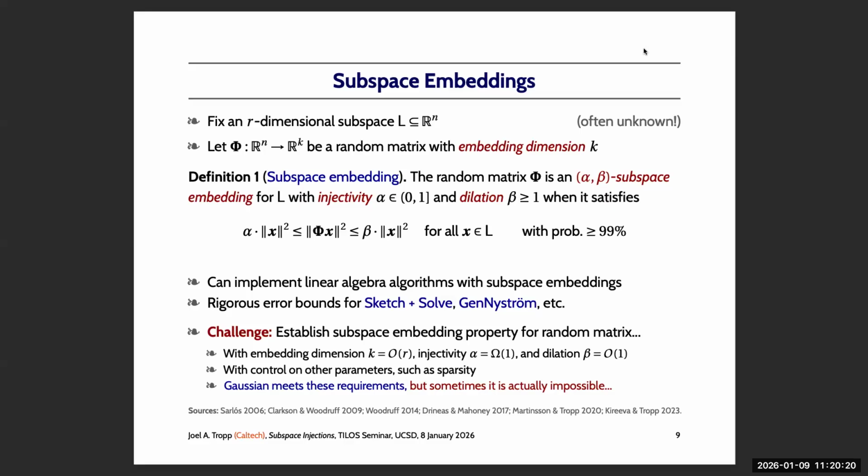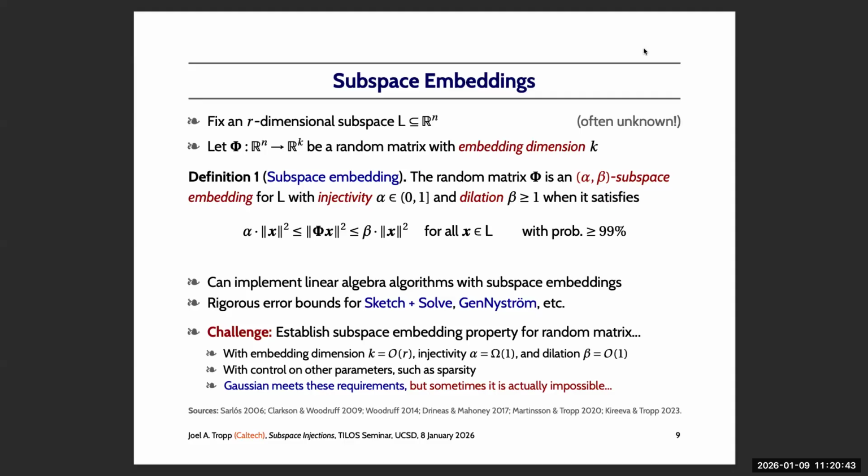Now, a Gaussian is a subspace embedding. This follows in a straightforward way from the rotational invariance of the Gaussian distribution. But as we said, Gaussian matrices are expensive to use. So we'd like to understand when other types of matrices, like sparse random matrices, are subspace embeddings.